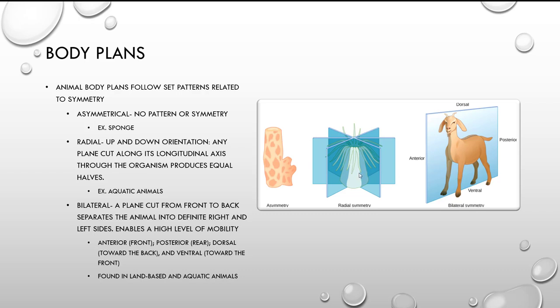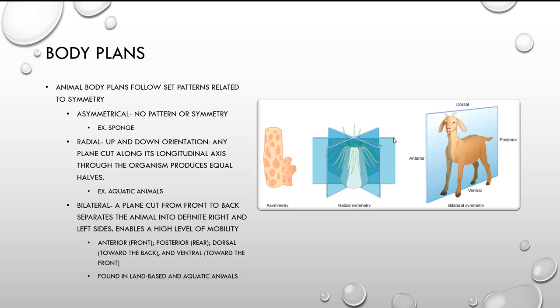Okay, so these are more common with aquatic animals that are attached to a rock or some sort of substrate. The reason this radial symmetry works really well is that if they're surrounded by water, water is passing over them, so they can extract nutrients from all around them.